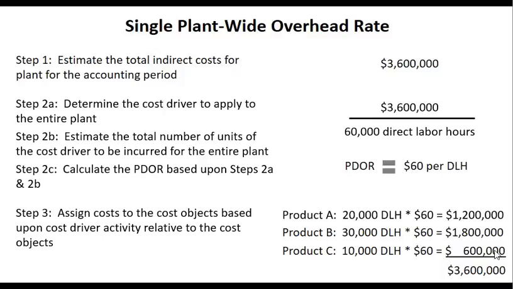So our total overhead is going to come out to $3,600,000 based upon the fact that we had 60,000 direct labor hours at $60 per hour. So that's a simple example of how we'd allocate overhead back utilizing a single plant overhead rate.